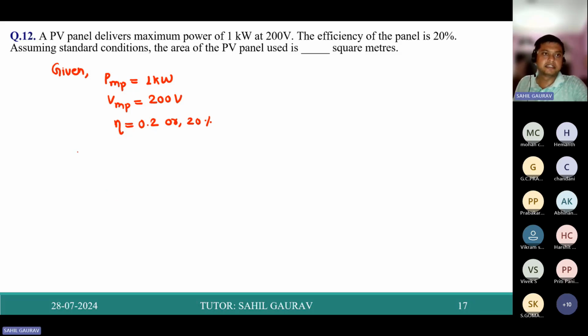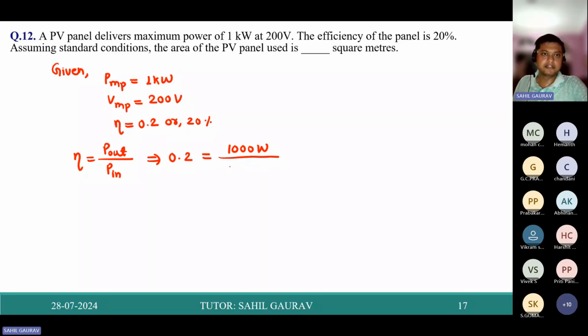We know that efficiency equals P out, maximum power, upon input power. So we substitute all these values. Efficiency 0.2, P out, that is PMP only, is given as 1000 watt, upon input power.